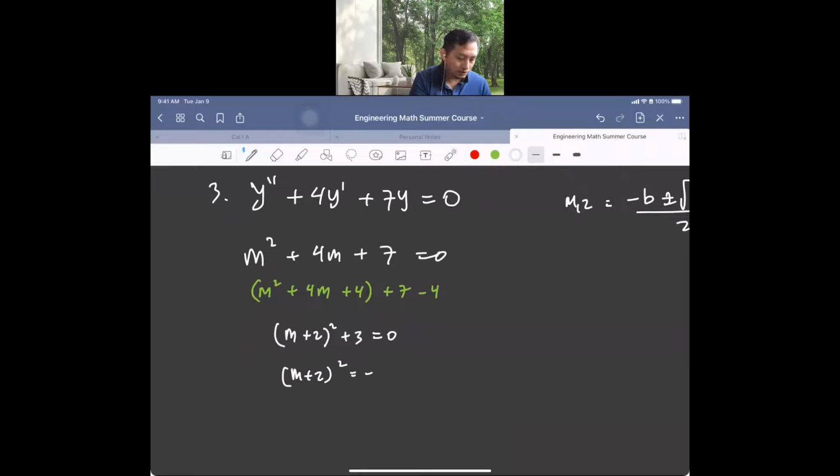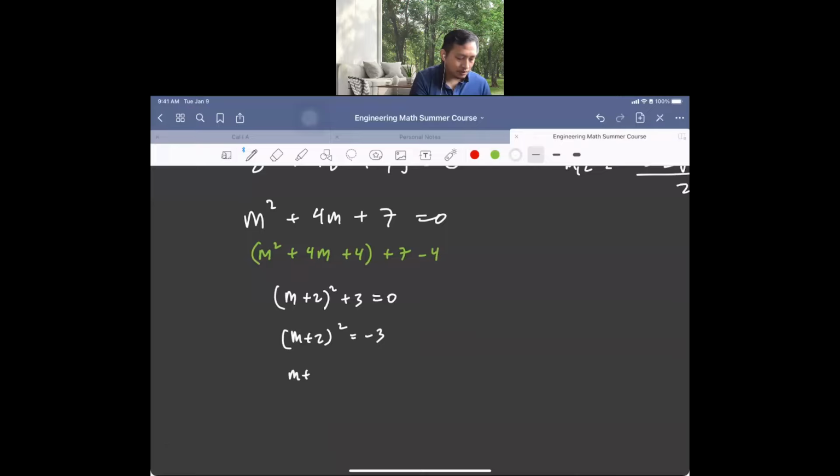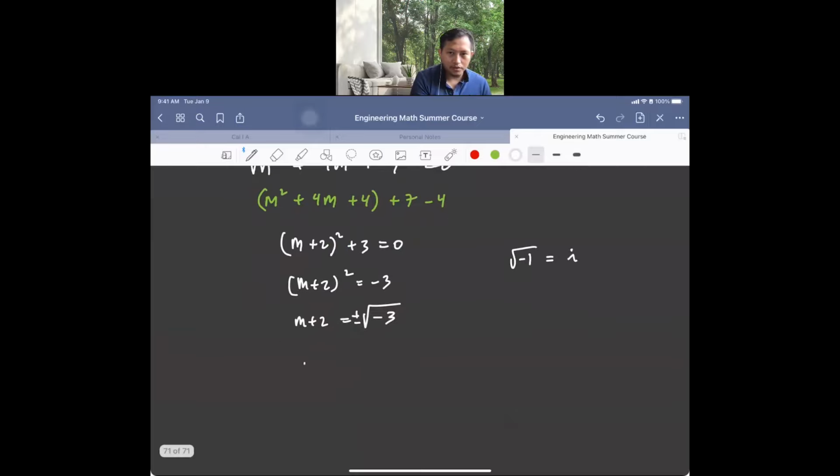So (m plus 2) squared is -3, so m plus 2 is plus or minus the square root of -3. And we know that the square root of -1 is i. So m1 is -2 plus square root of 3 i, and m2 is -2 minus square root of 3 i.